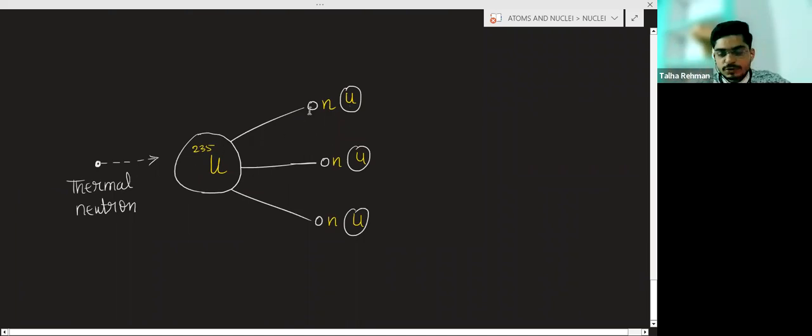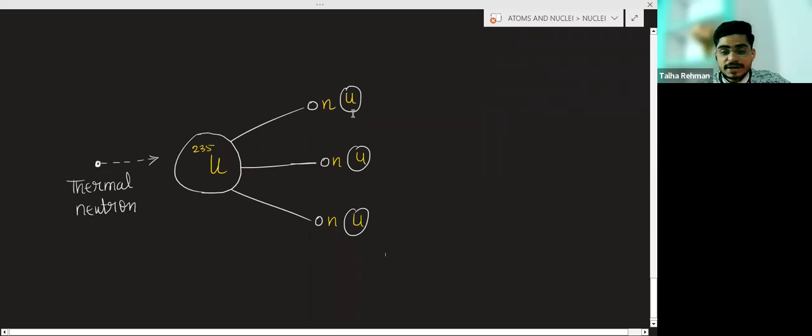So due to this neutron, the fission of this uranium will take place. Due to this neutron, the fission of this uranium will take place. Due to this neutron, the fission of this uranium will take place. How many fissions are taking place? This is the present generation.